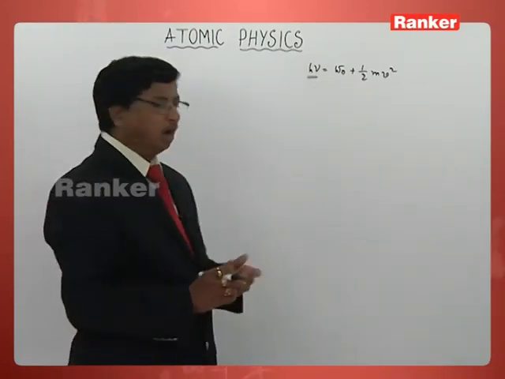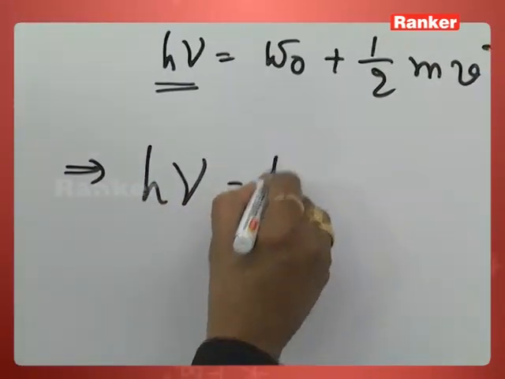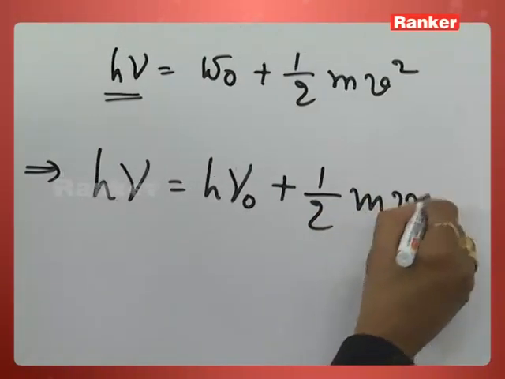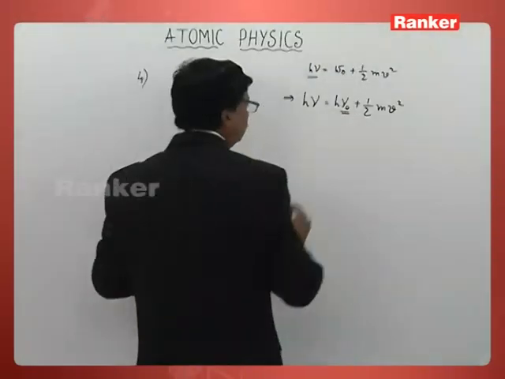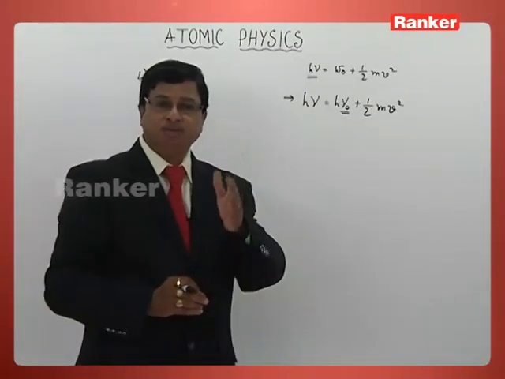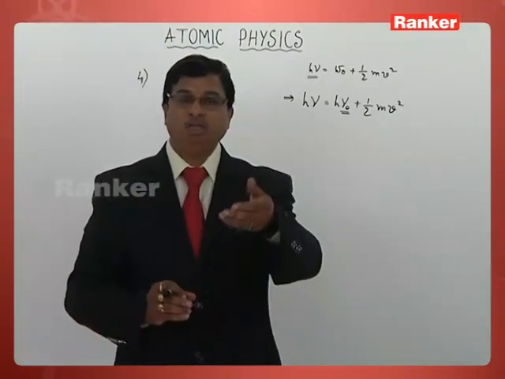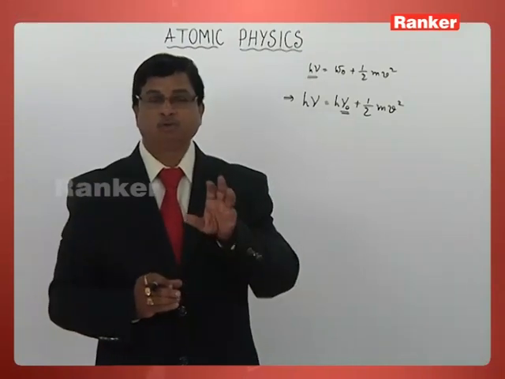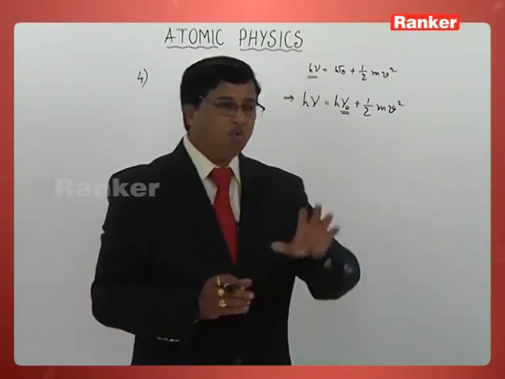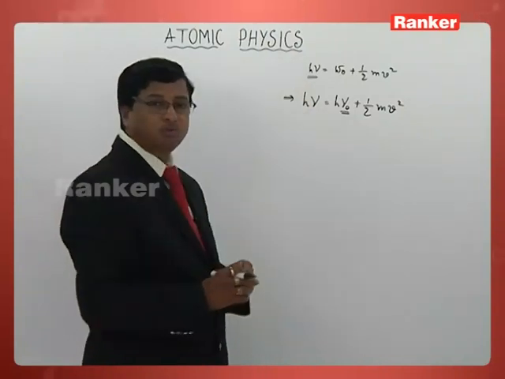All of you are also familiar with the other version of this equation: h nu can be written as h nu naught plus half mv square. Here nu naught is called the threshold frequency, the minimum frequency of incident light required for a photoelectron to be emitted from the surface of the photosensitive material. So most of our problems are based on these equations only.